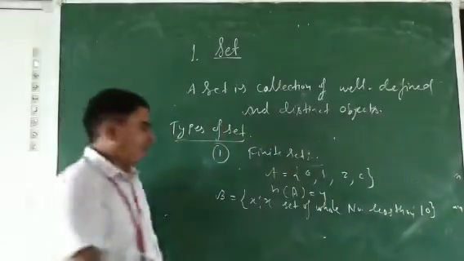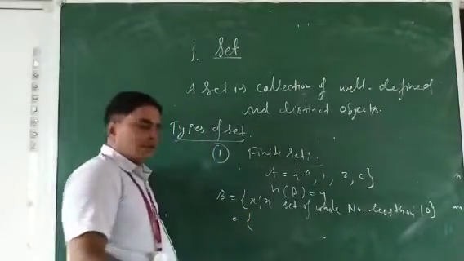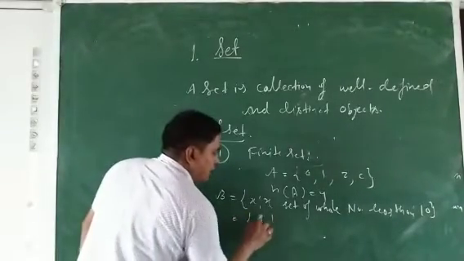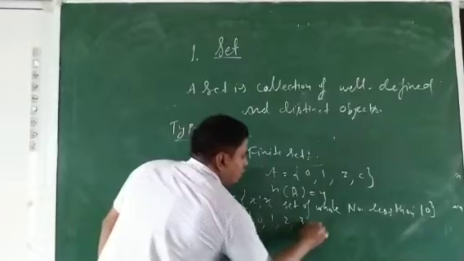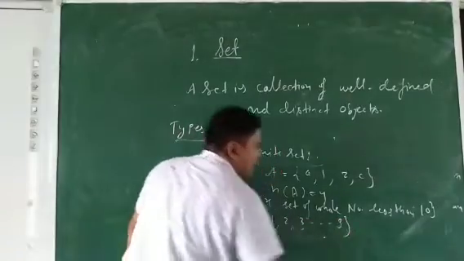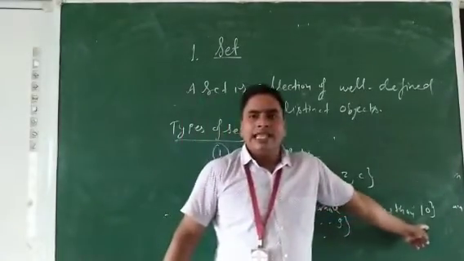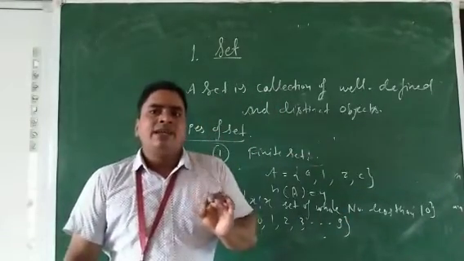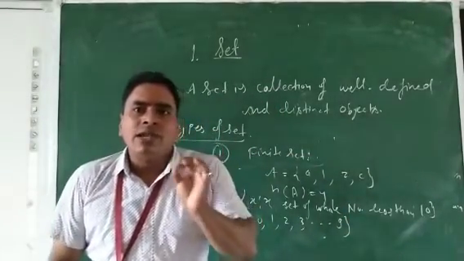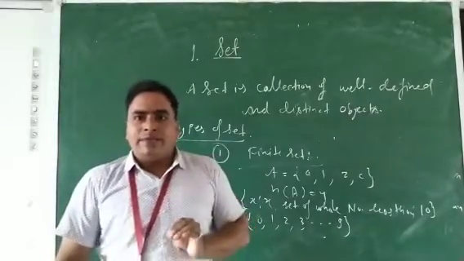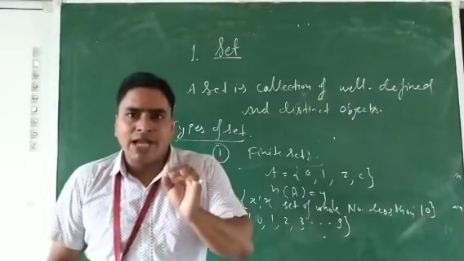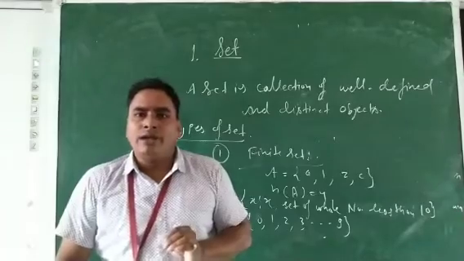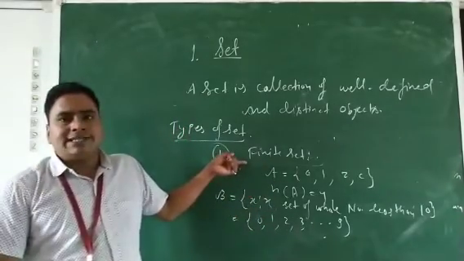It means the whole numbers starting from 0, 1, 2 and so on up to 9, that is 0 to 9. A set which consists of only a finite number of objects or members is called a finite set.